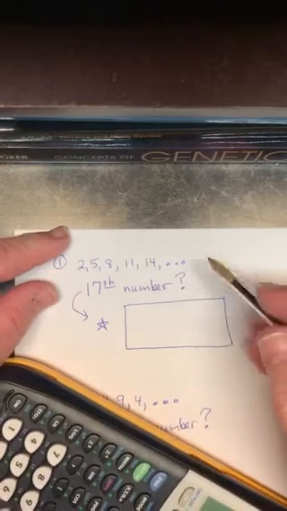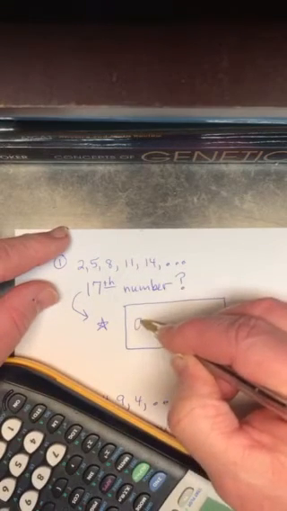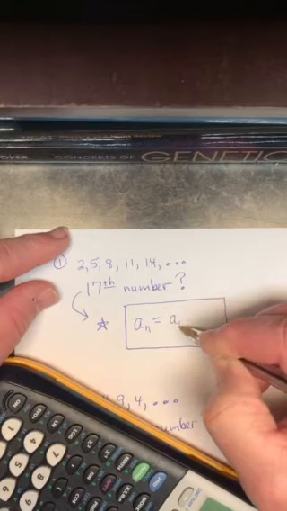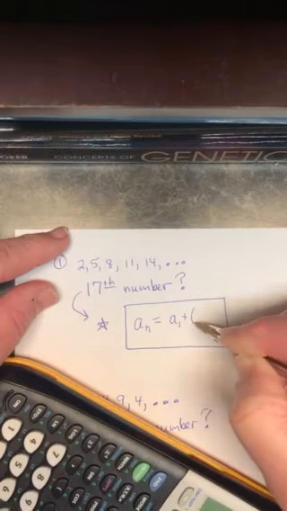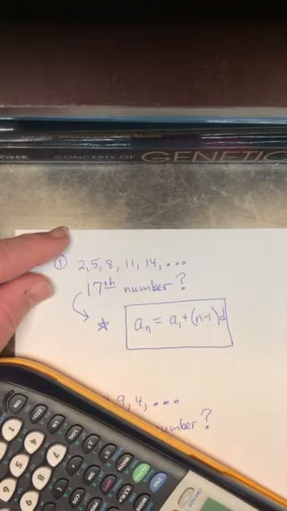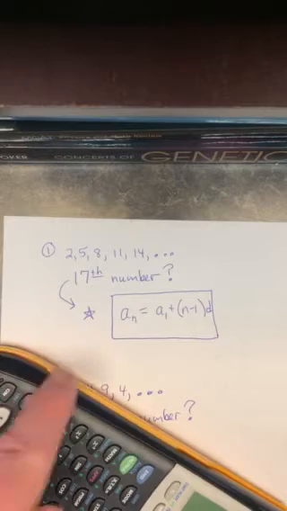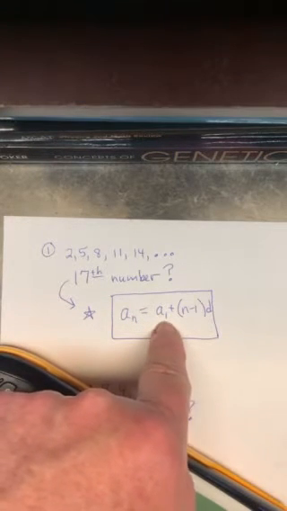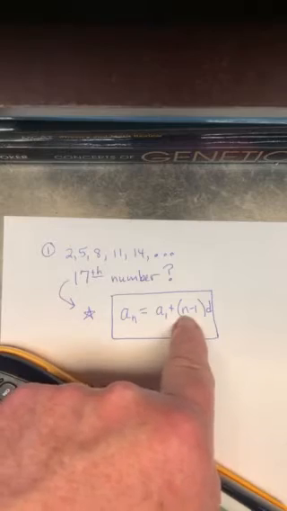So write this down in the box. It says A sub n equals A sub 1 plus parentheses n minus 1 times d.